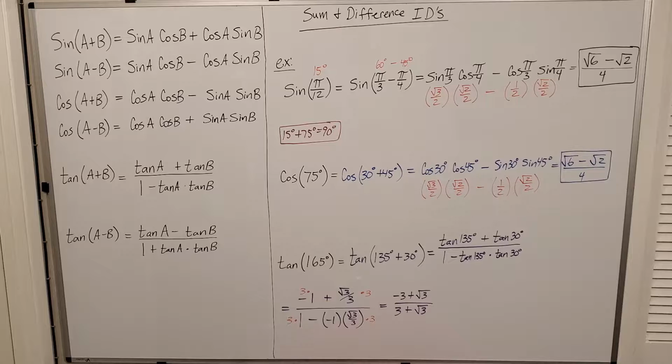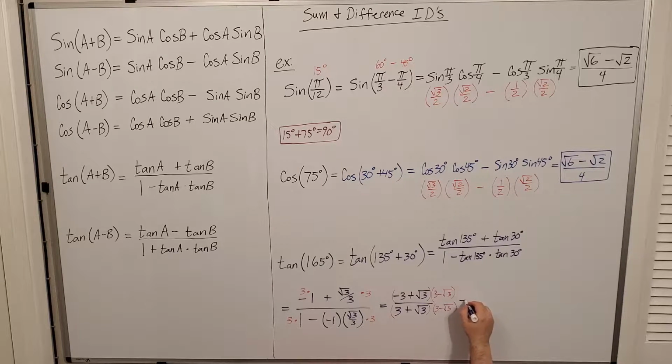Okay, so then the only other thing I can do now to fix this is to multiply by the conjugate of the denominator. So I will be multiplying here by 3 minus the square root of 3, like so. And that means I'm going to have to do the same thing in the numerator. 3 minus the square root of 3.